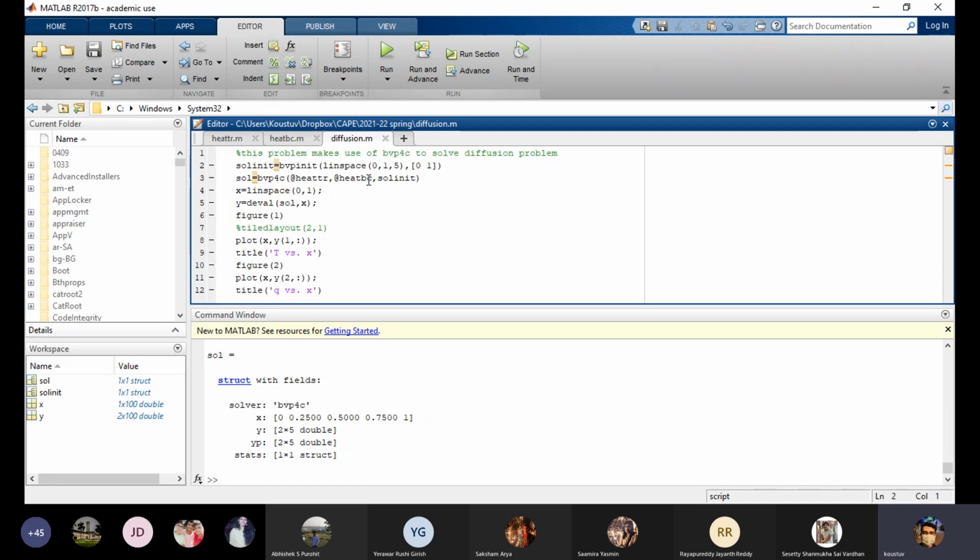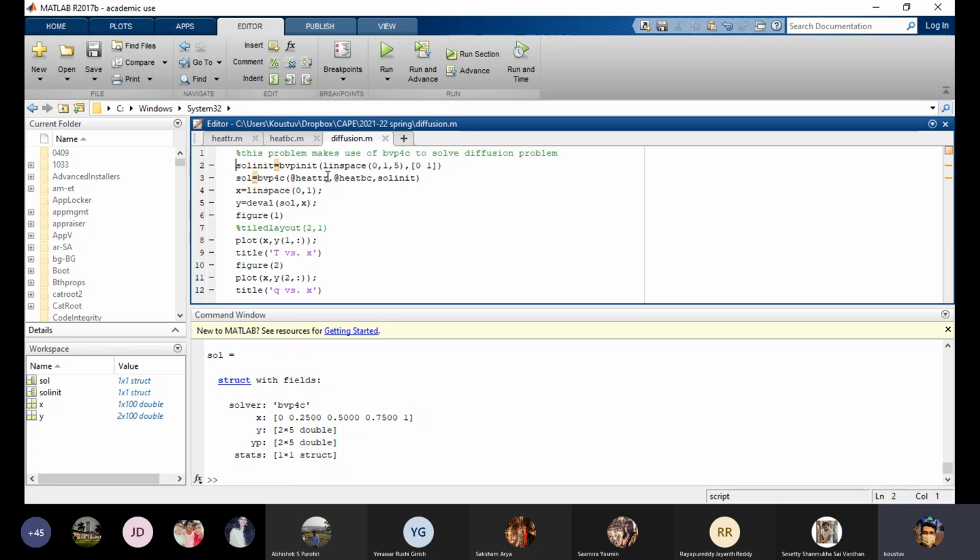Be it algebraic equations or ODE IVP or ODE BVP, you can easily speculate what the expected behavior would be.